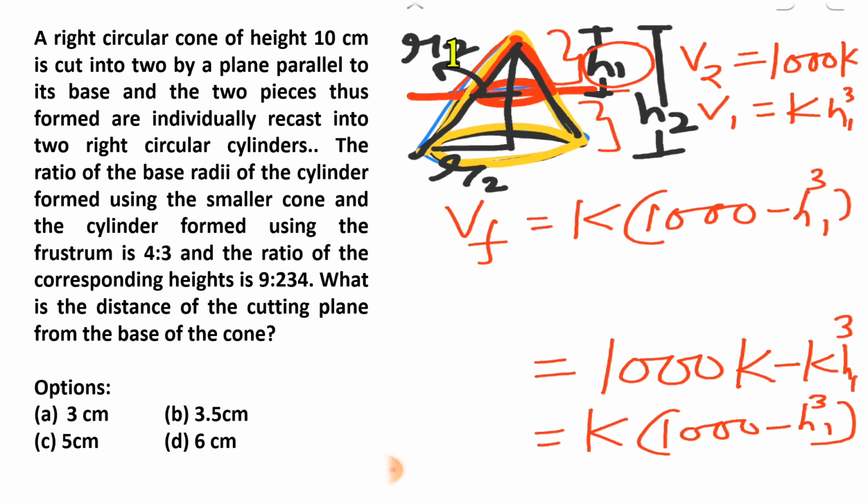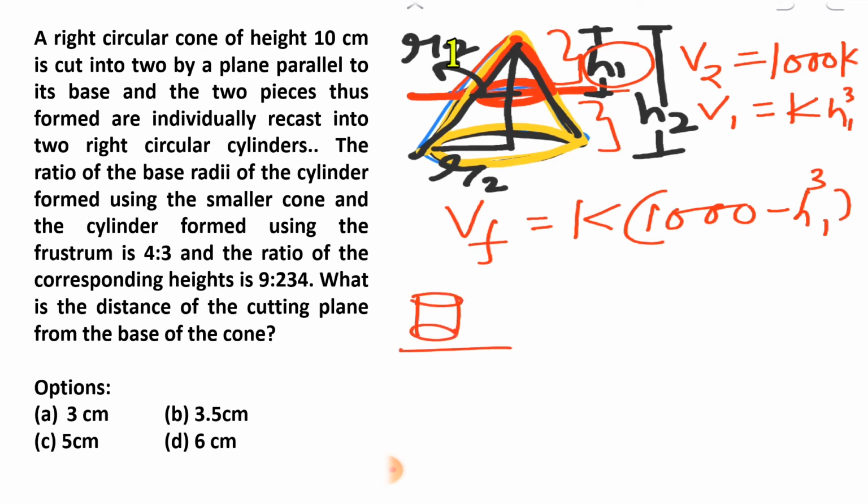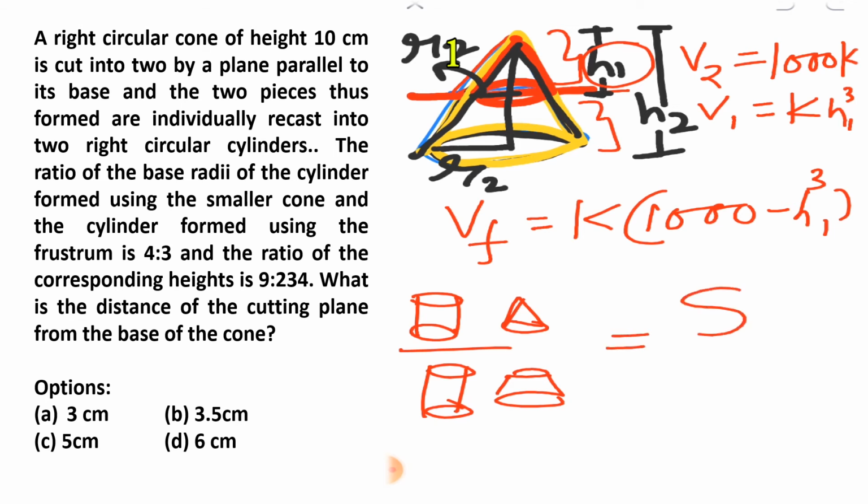So we know this much. We know the volume of the original cone, we know the volume of the smaller cone, and we know the volume of the first frustum. Now, what else did we know? We knew the ratio of the volume of the smaller cone to the first frustum.